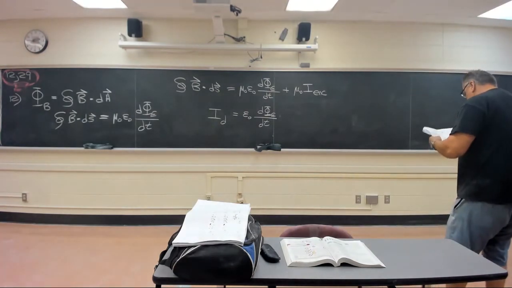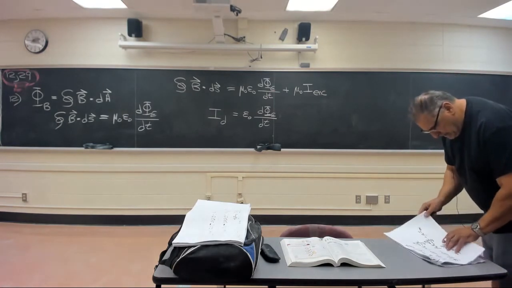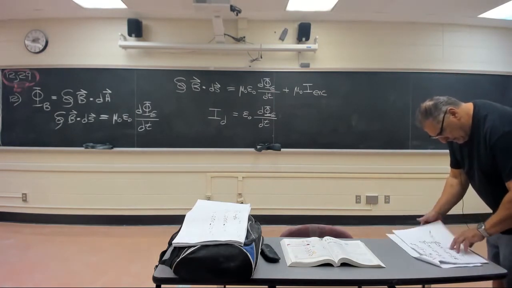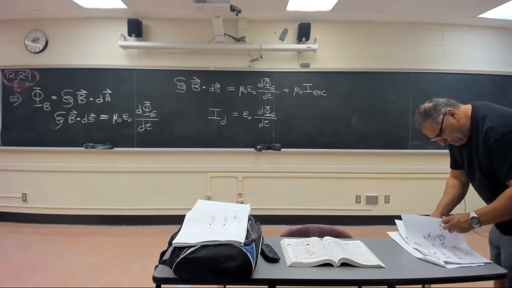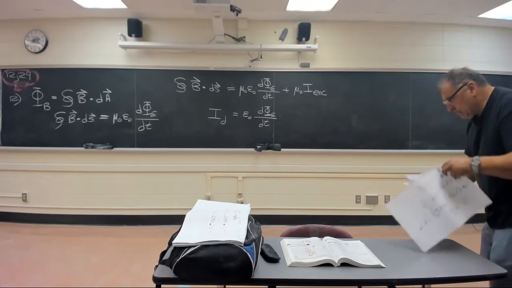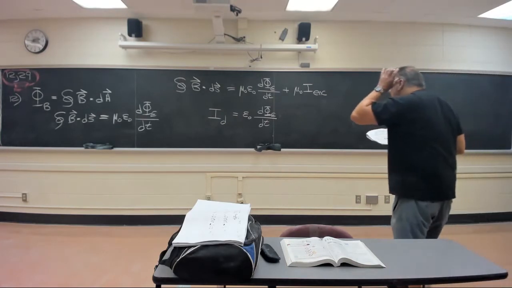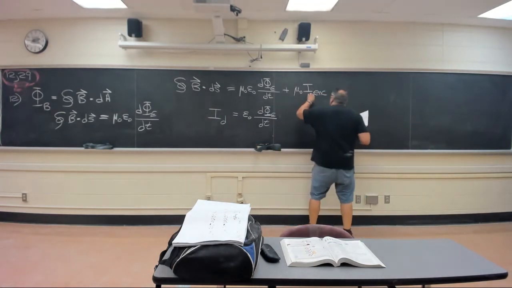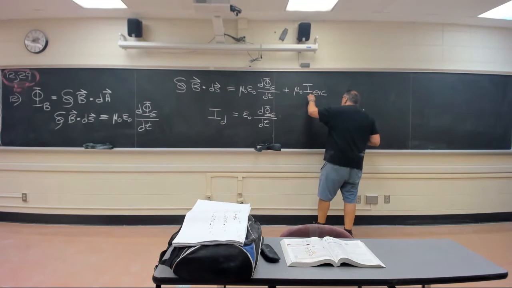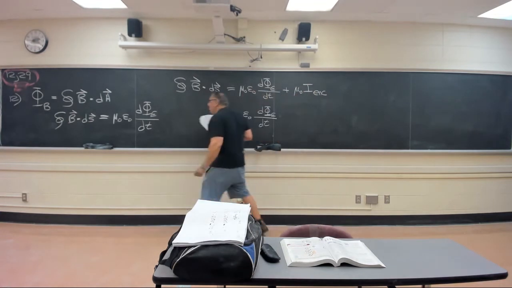You're looking at something like this, and we can come back. Now we're not worried about between the plates. There's no real current enclosed between the plates, so this falls out of there, and you just have this and that, and that's what we had over here.